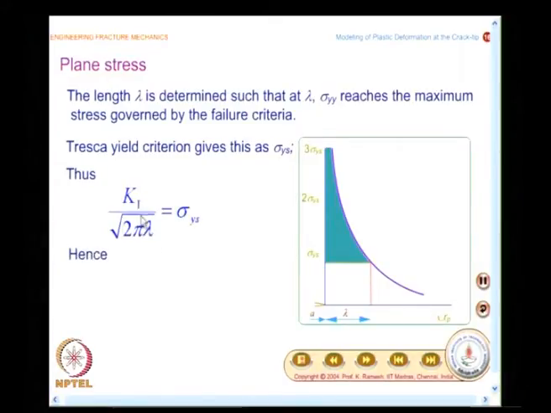We simply say K1 by root of 2 pi lambda equal to sigma ys. That is how we locate this point. So, this also gives you a definition of what is K1 in terms of lambda, which we would use later in the derivation. From this I can find out what is lambda. Lambda is given as 1 by 2 pi multiplied by K1 by sigma ys whole square.